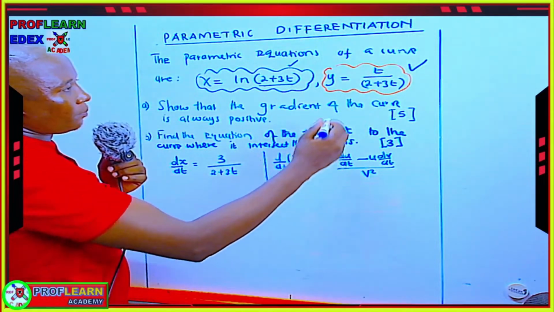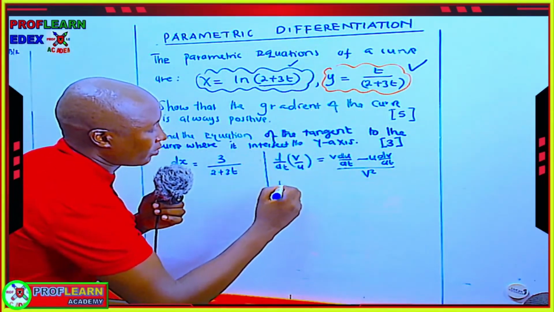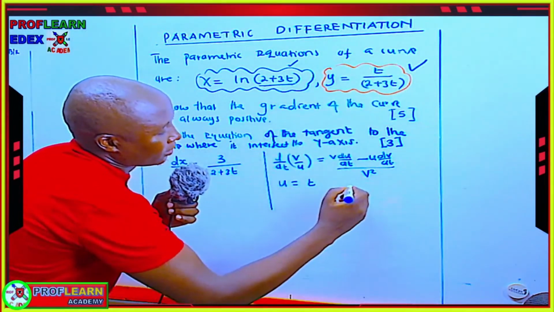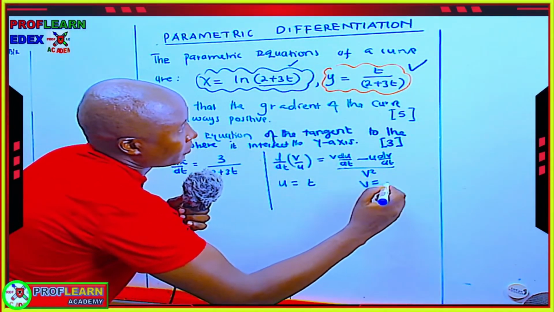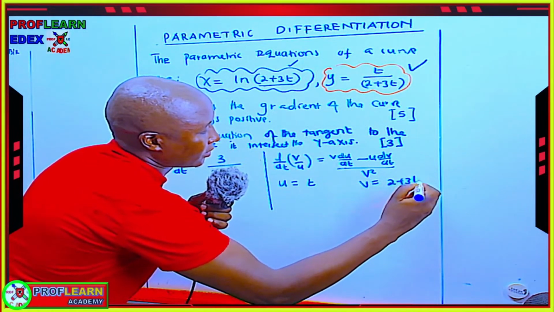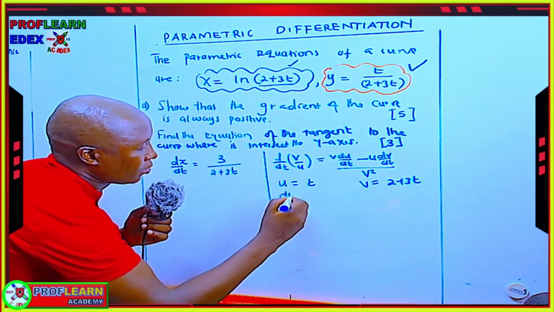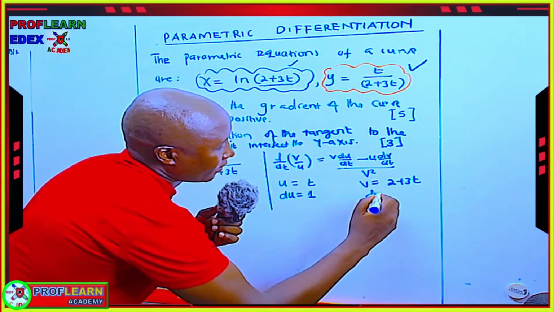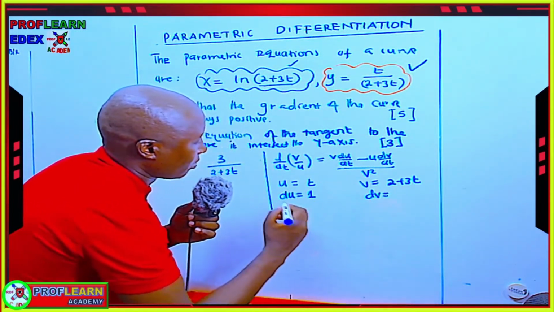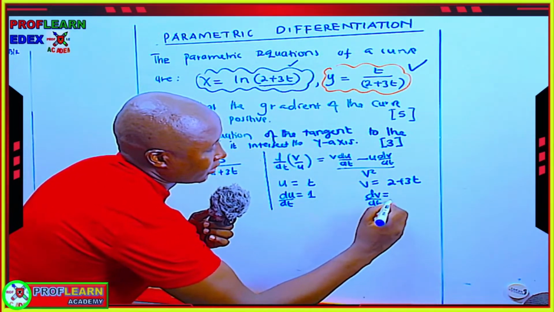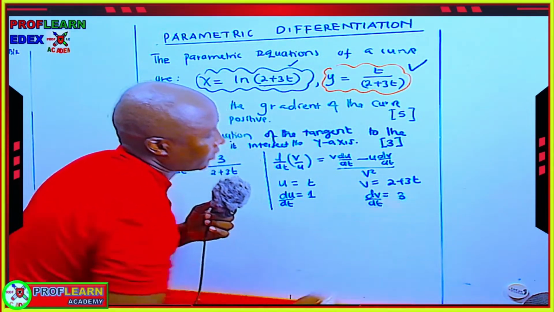In our case, u is the top function, which is t, and v is the bottom function, the denominator, which is 2 plus 3t. Then du/dt is 1, and dv/dt is 3.